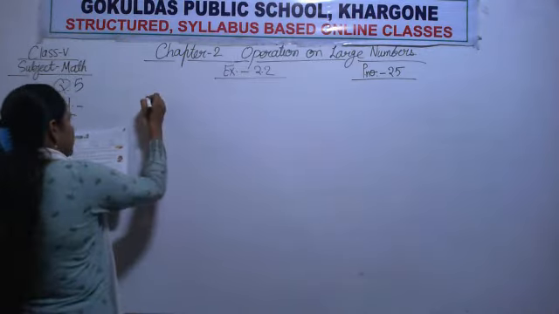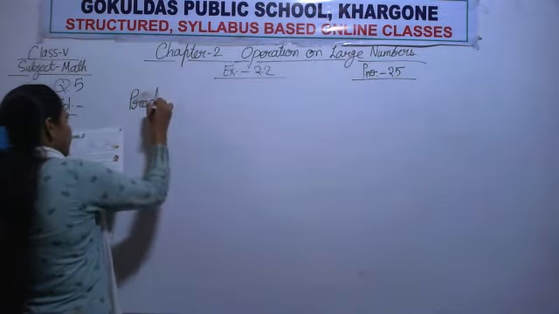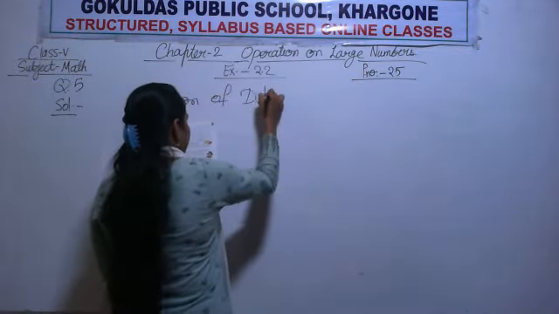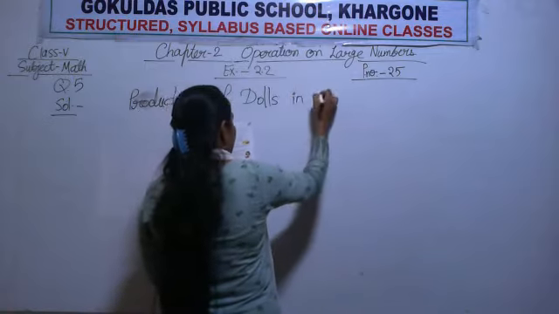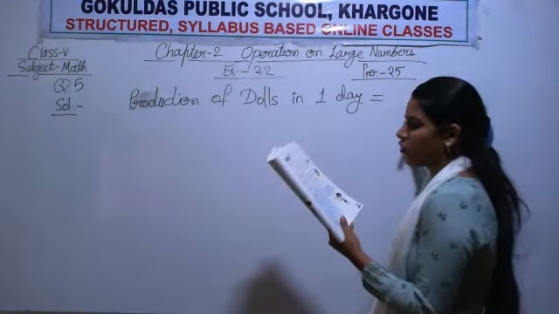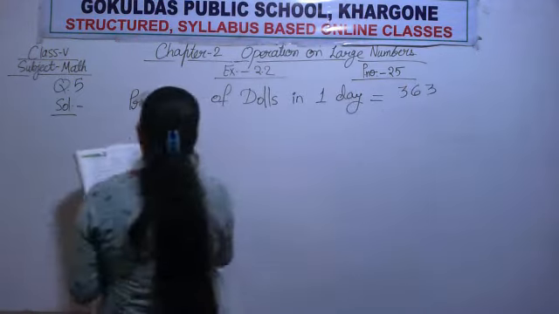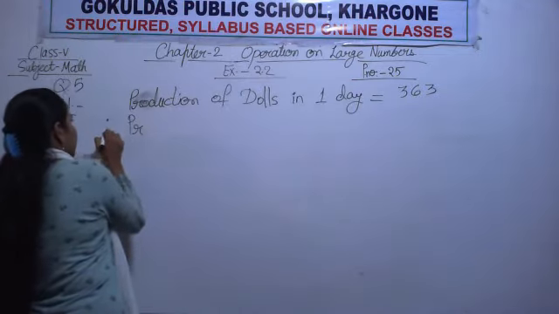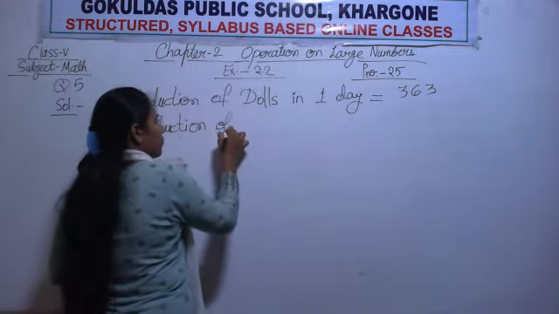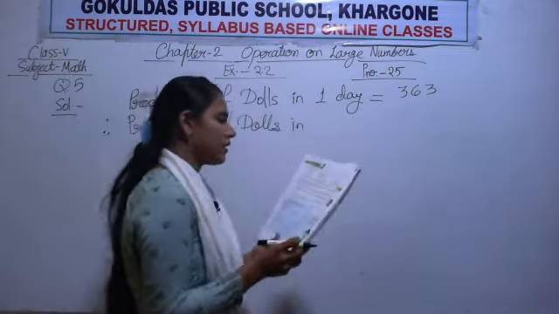A factory produces dolls in 1 day. Production of dolls in 1 day: how many dolls are produced? 363. Now, therefore, production of dolls for how many days have they asked?